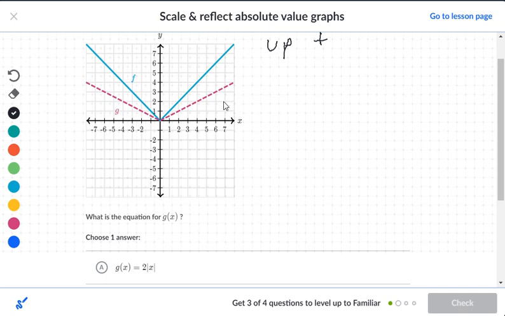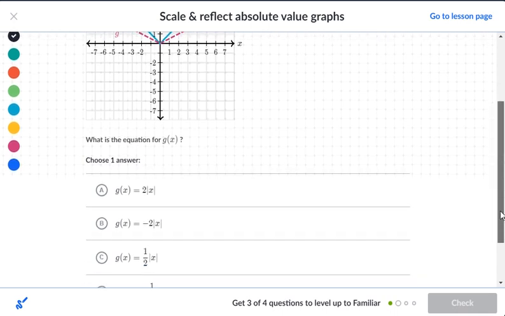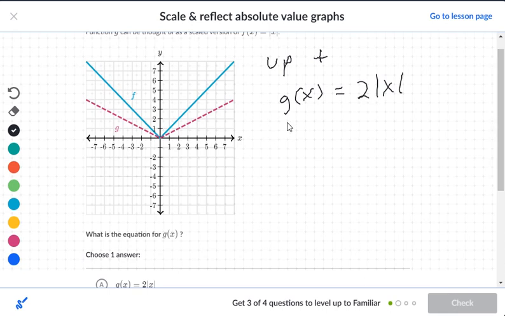One possible answer is g of x equals 2 times the absolute value of x, and the other possible answer is g of x equals 1/2 the absolute value of x. Well, here's the thing, this is the original, and this is the new one.